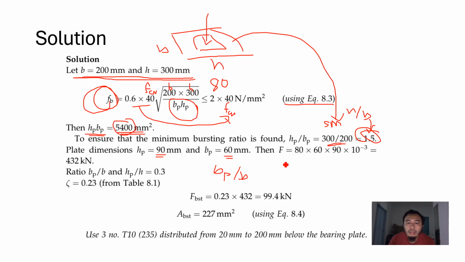Based on this, you can get your maximum allowable bearing force, which is based on this 2 times FCU times the area of your plate. So that is your maximum allowable bearing force, which is 432 kilonewton.